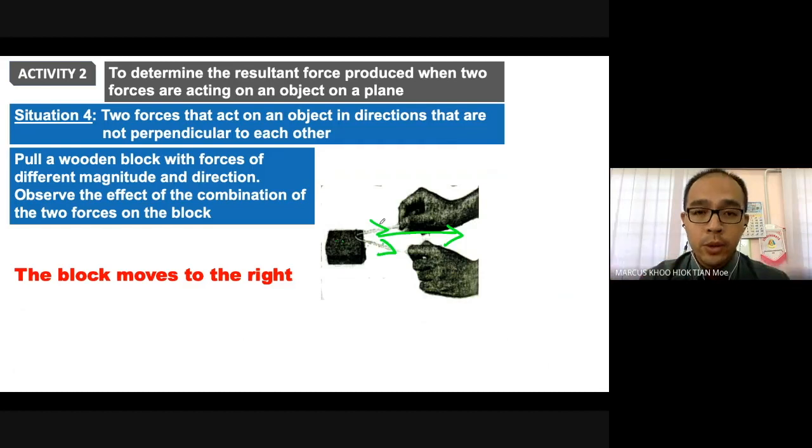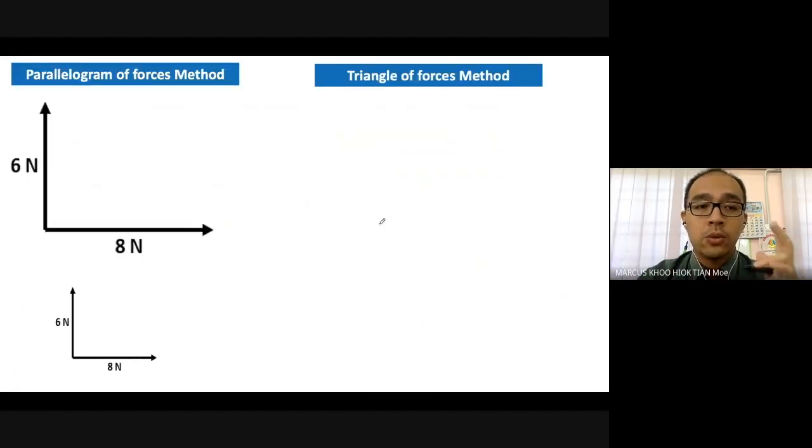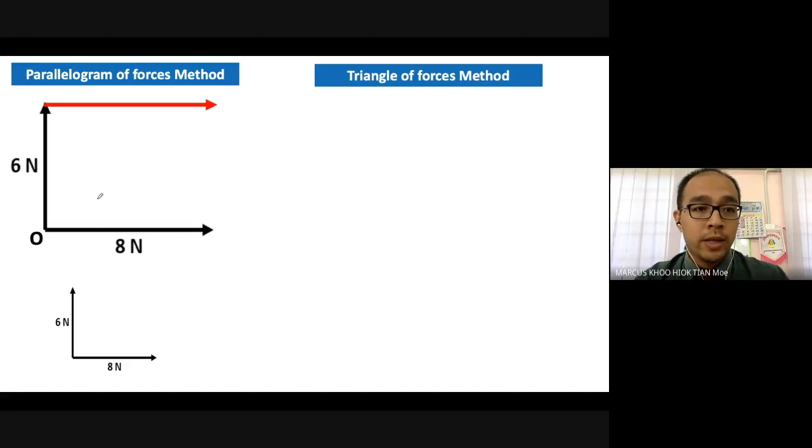But whenever we do an angle, there are two methods to find it. Number one is we use the parallelogram, which is what I taught you just now over here. We complete the rectangle and then we draw the diagonal.